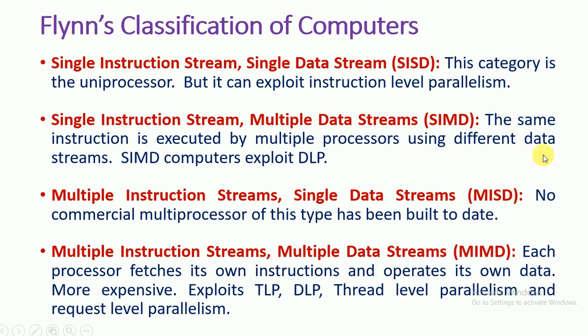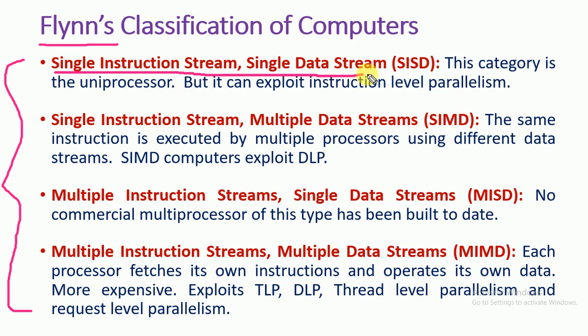And according to these parallelisms, there is a different classification of computers, which is called Flynn's classification. Just for mentioning this classification, we were describing parallelism and its two categories. Based on this parallelism, we have some categories of computers. One is called single instruction stream, single data stream, usually called SISD.